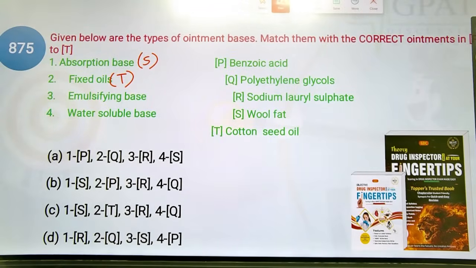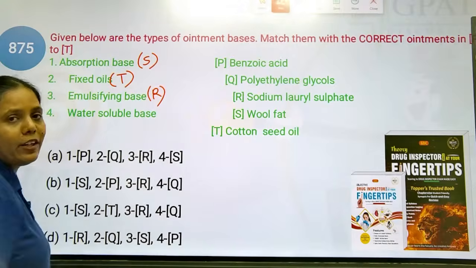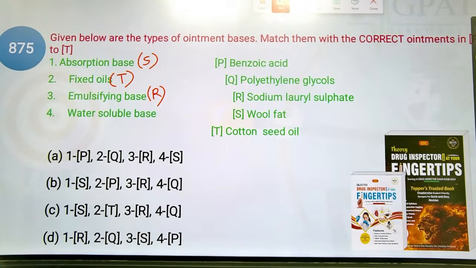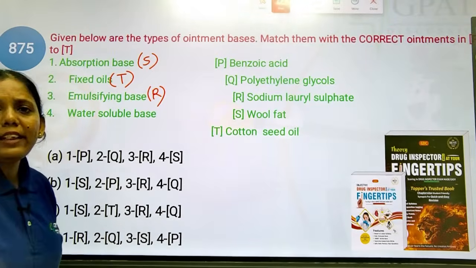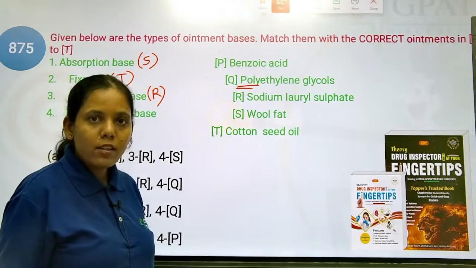Next is your emulsifying base. Emulsifying base is SLS because that is having higher HLB. Remember, water soluble base is your polyethylene glycol. See, polyethylene glycols are your macrogols.